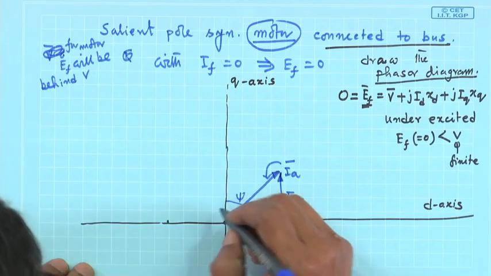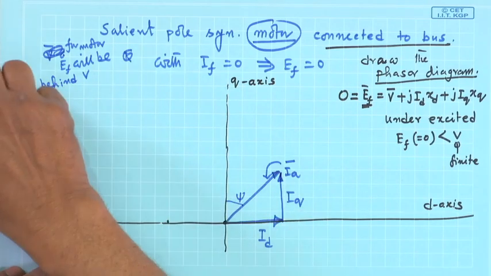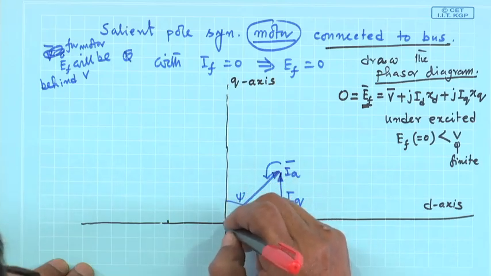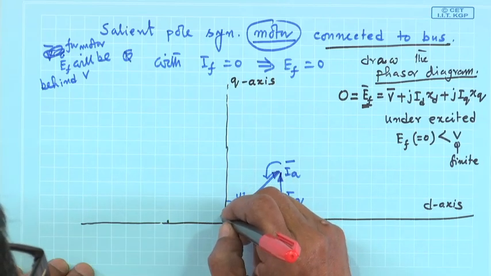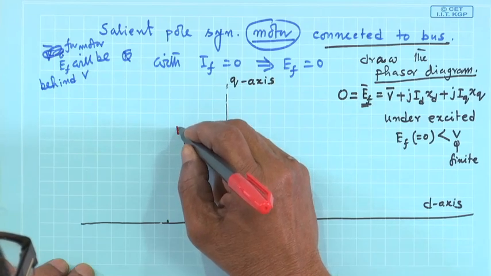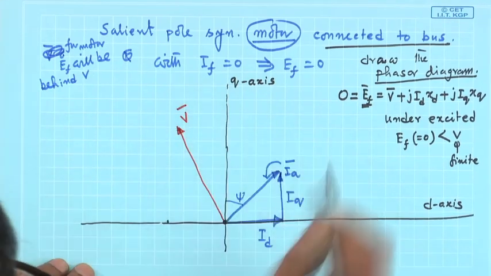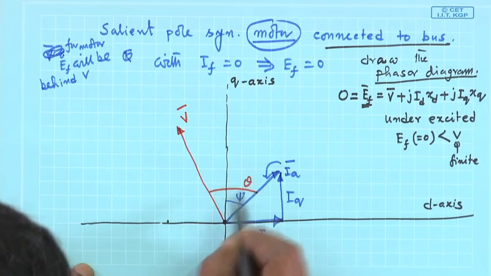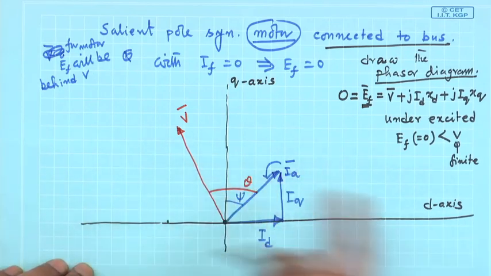So, let us draw V. Suppose V is here, then this is the power factor angle theta, the angle between terminal voltage and armature current.